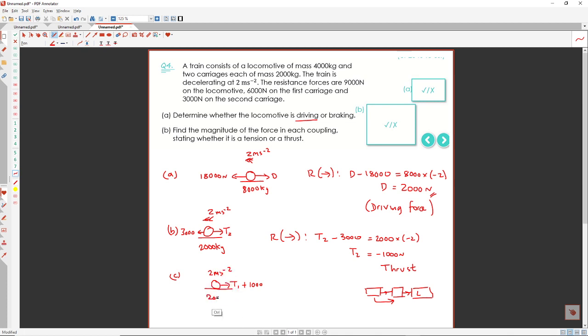The mass of this one is also 2,000 kilograms. Let's do a force calculation for this one. We would have T1 plus 1,000 equals the mass of 2,000. The acceleration is in the opposite direction again, so times minus 2.